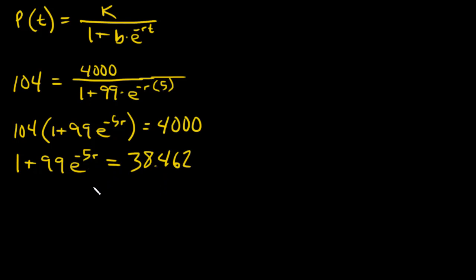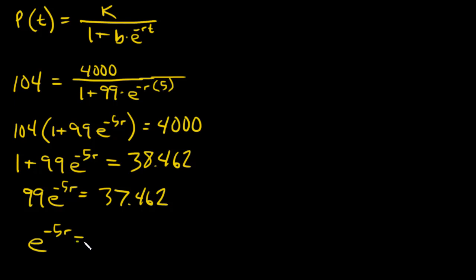Okay, now I'm going to subtract 1. 99 times e to the negative 5r is equal to 37.462. e to the negative 5r is equal to, when I divide that off, I'm going to wind up with 0.378.